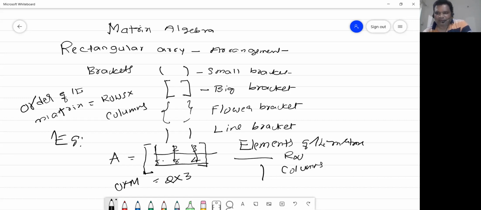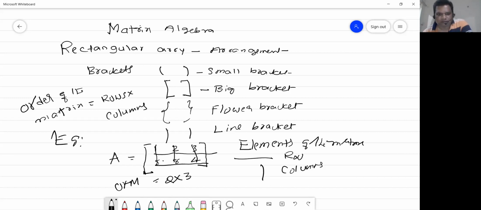So again, concluding: a matrix is a rectangular array of numbers enclosed within brackets, arranged in rows and columns. A matrix is only an arrangement of numbers. It may be a rectangular matrix, a square matrix, a row matrix or a column matrix, which I will define in the next point.